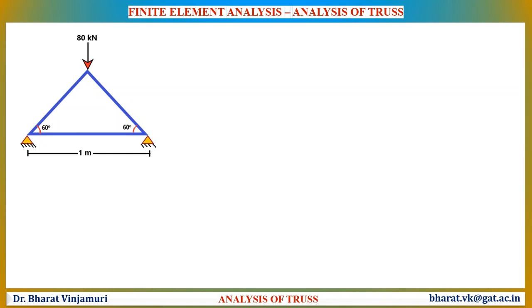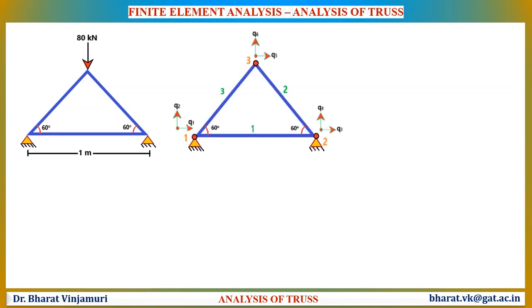For any problem in finite element analysis, first the problem has to be converted into an FEA model, which consists of nodes and elements. The FE model of this structure is shown here.